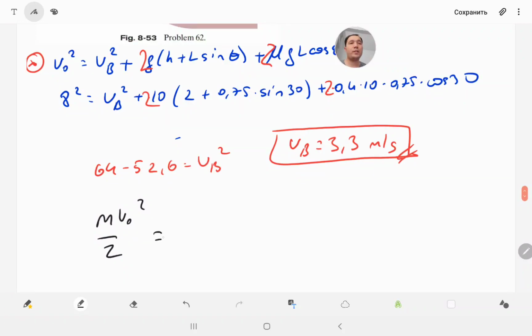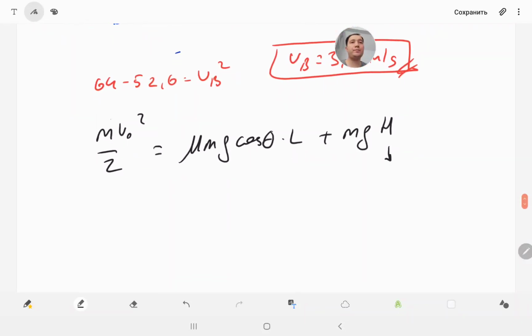Then there is work done by the friction force, mu mg cosine alpha times L, plus it will be at a certain height, so mgh. So from here we can find its maximum height.